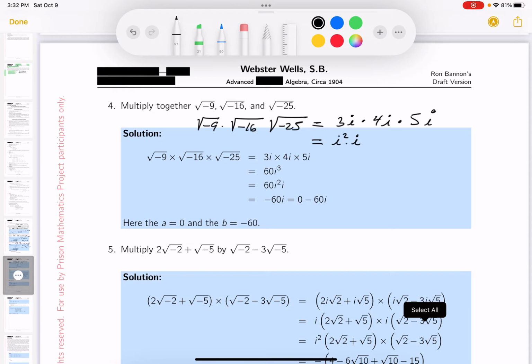Okay, I see 3 factorial. That's why I'm saying that. And then 3 times 4 times 5 is going to be, let's see, 12 times 5 is 60, right? What's i squared? i squared is actually -1. So what do I get? I get minus 60i. Let's write in that a plus bi form. So you can get 0 minus 60i. This is the understanding that a is 0. And again, it says a plus bi, so the b must be minus 60.